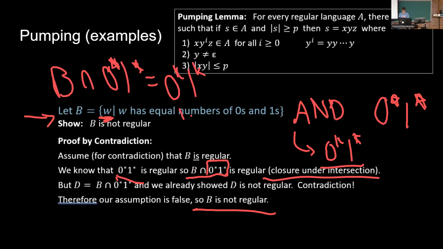And because this is irregular, we know this also has to be irregular. Essentially, B by itself may be too difficult to prove irregular through pumping, so we intersect it with this to make it equivalent to something that's irregular. That lets us show that B must be the thing making the whole thing irregular, because these other things are regular. Does that make sense?